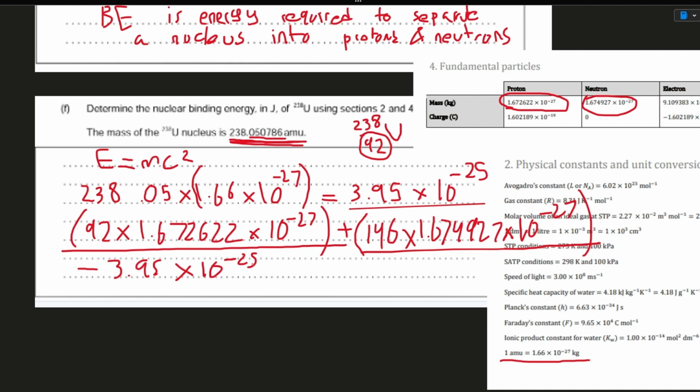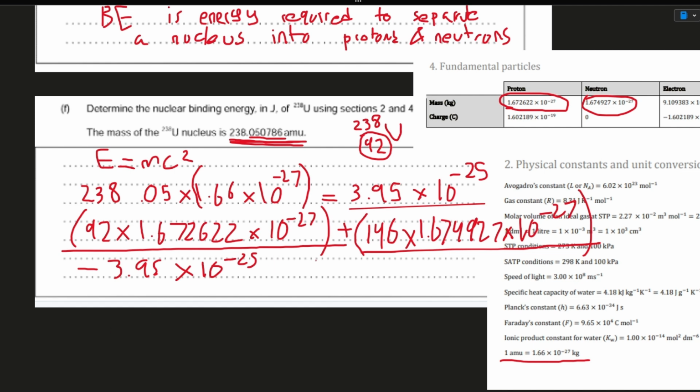And the electrons is what really matters in nuclear binding energy, because it's the energy required to separate a nucleus into protons and neutrons, and we can't really do that if we still have electrons.